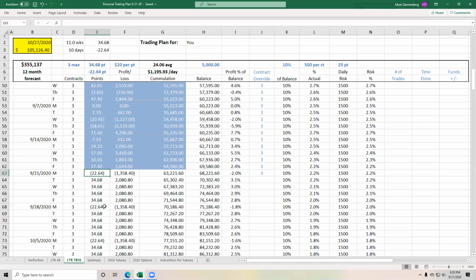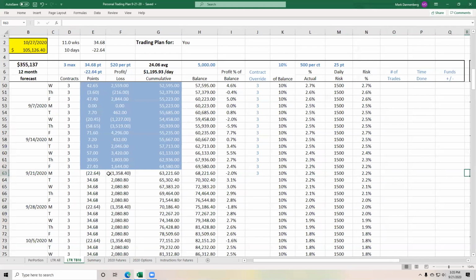Now, I kind of like that today because the plan for today was to lose 22.64 points. But we didn't even come close to that. We had a nice winning day today. So I'm going to show you what we're going to do here and then show you how to project out your income, where you can see what your income could potentially be over the course of the next 12 months.